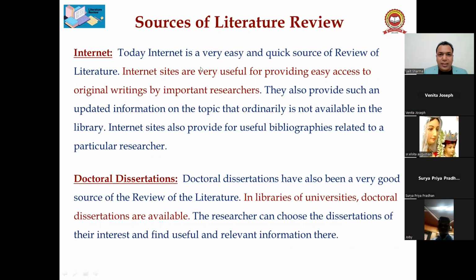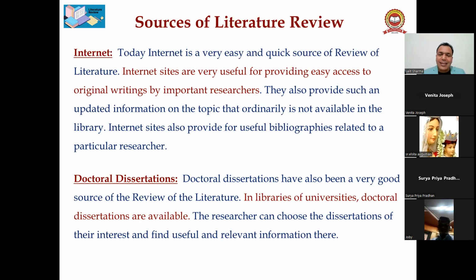Doctoral dissertations as well, whatever your topic is. For example, some researchers have already presented a dissertation on the same topic which you are going to study. You can get help from all these reviews, and from your seniors also.